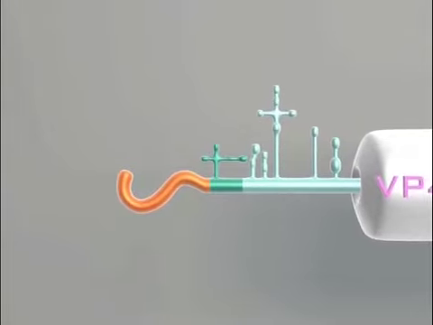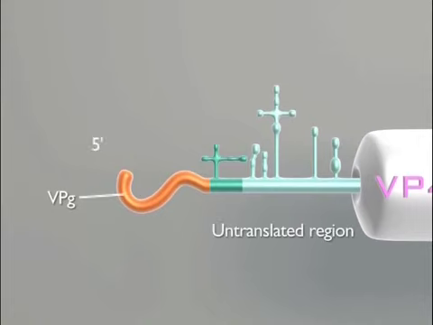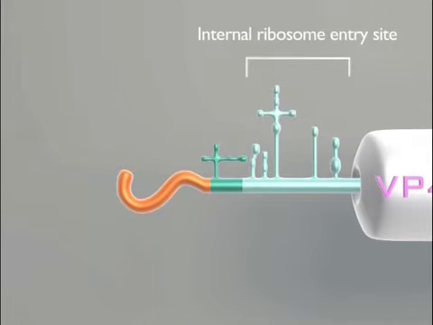Instead, it is linked to the viral protein VPg. After the VPg, we find an untranslated region. The 5' end untranslated region of poliovirus contains an important sequence called the internal ribosome entry site, or IRES for short. Its purpose is to promote internal binding of the ribosomal subunit.